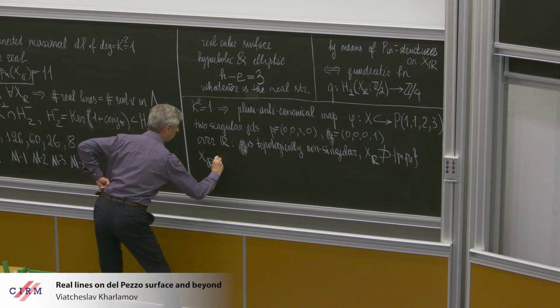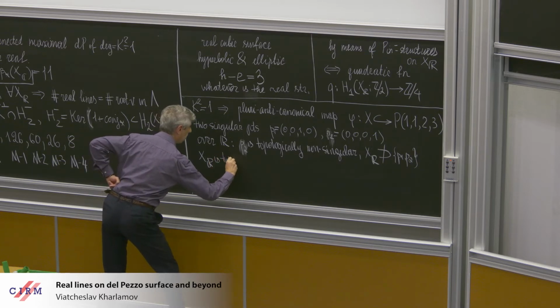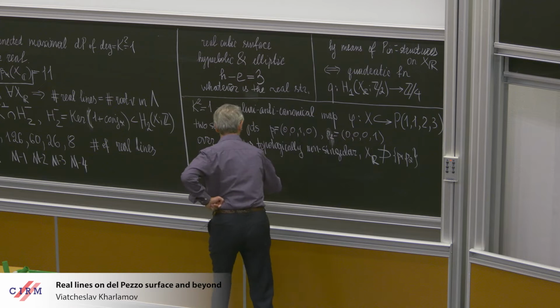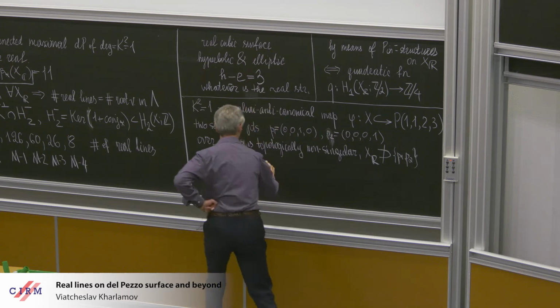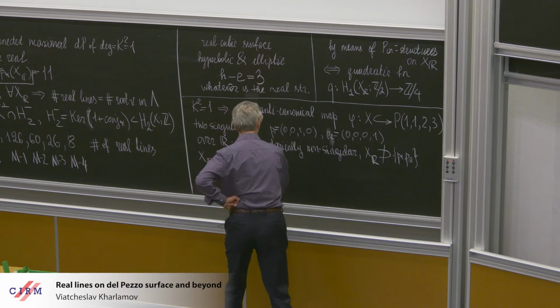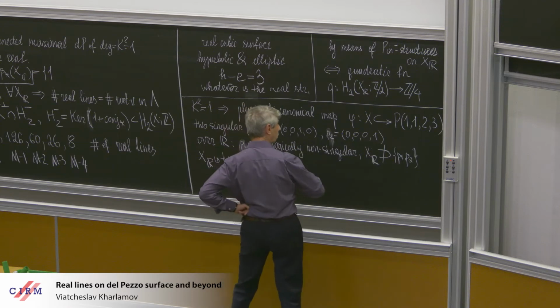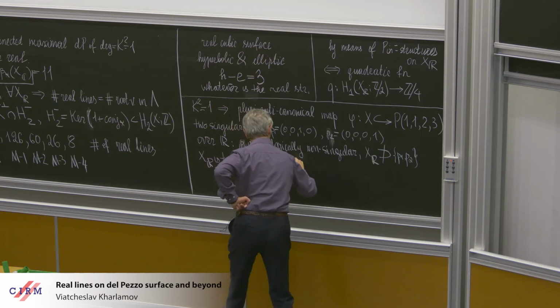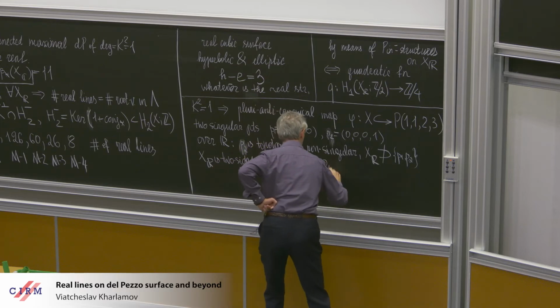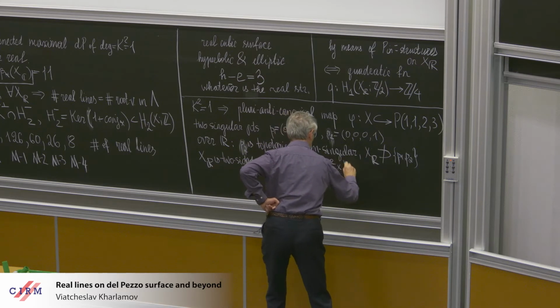It is two-sided. And so the real locus, the topologically smooth part of the real locus of the projective space is just RP2 times R.